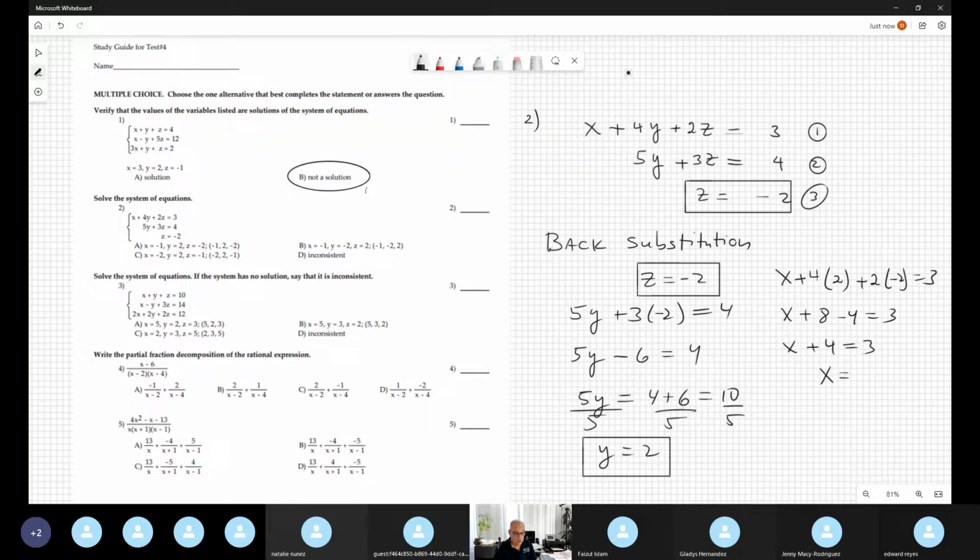And x is equal 3 minus 4 is negative 1. And we obtain the solution point, a unique solution. The point you express as an ordered triple, negative 1, 2, negative 2. Okay, the option A. Negative 1, positive 2, and negative 2. Everyone following? Yes.